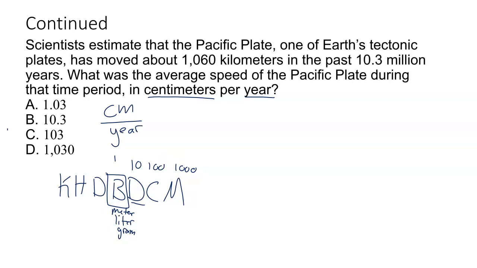So as we move to the right, our decimal point moves once, twice, 3 times to the right to increase that value. So if we start with 1 in the base, we move to the right however many times for those place values. If we move to the left towards the larger measurements, okay, towards deca and hecto and kilo, we're going to be moving our decimal point to the left.